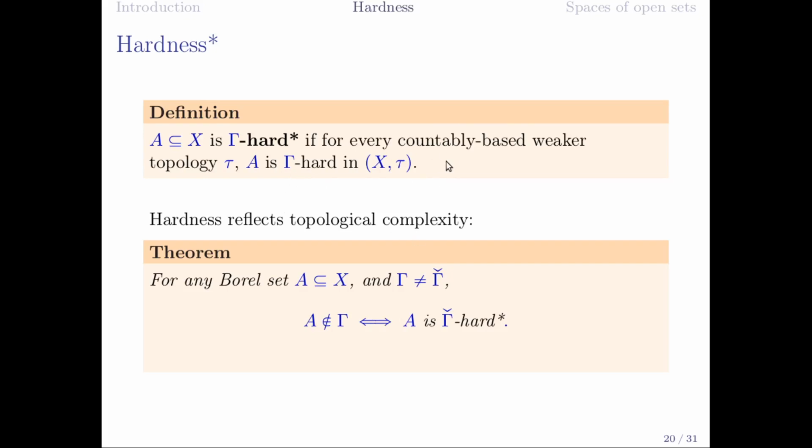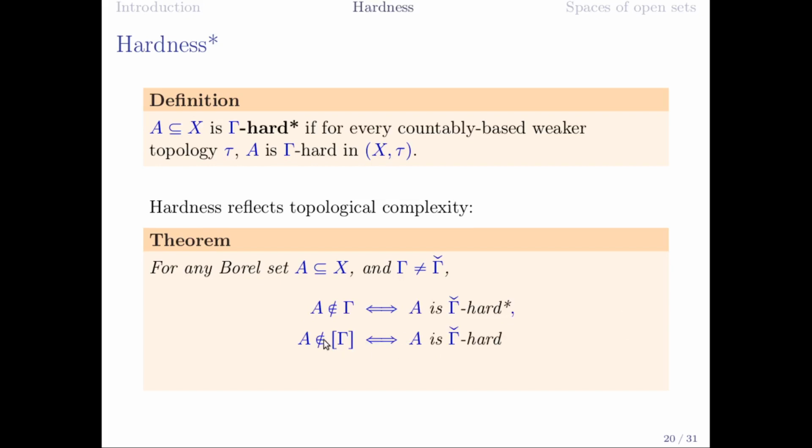It's a bit cumbersome, but it works very well, and hard star exactly captures topological complexity. So we recover the hardness criterion for topological complexity with the hard star notion. And for completeness, let's put the previous result, where we see clearly that hardness is related to symbolic complexity and hard star is related to topological complexity.